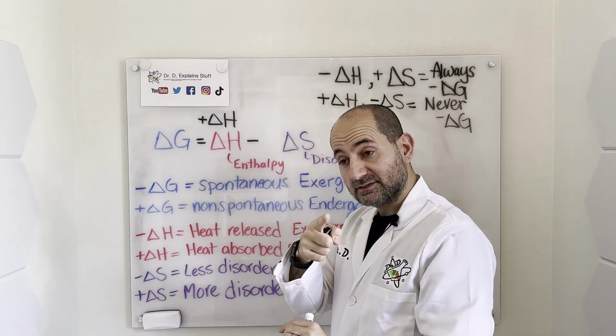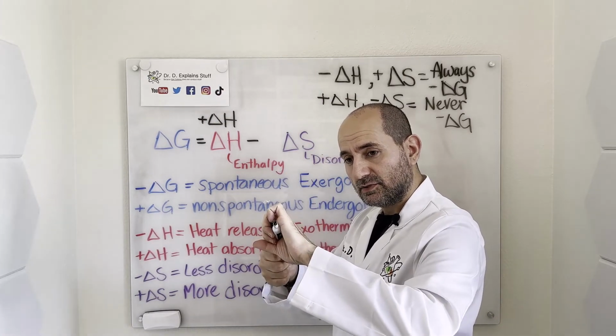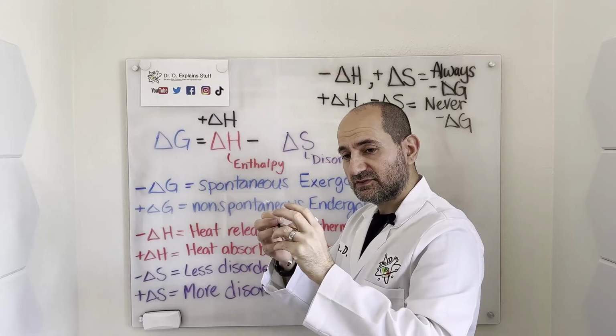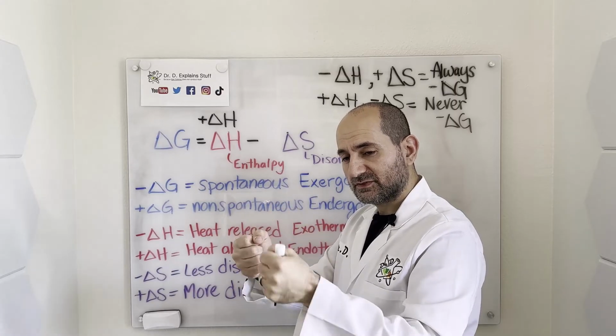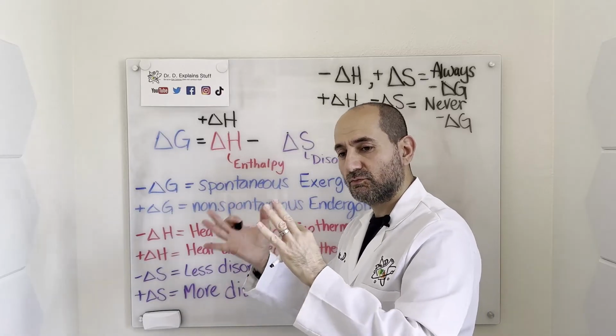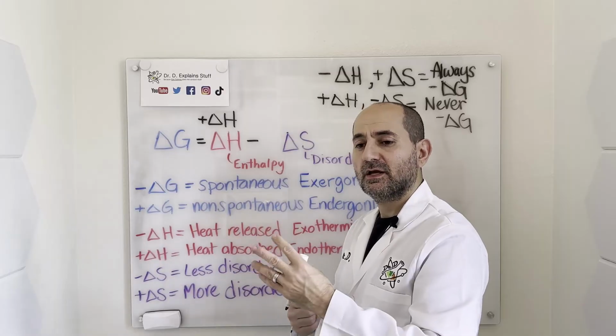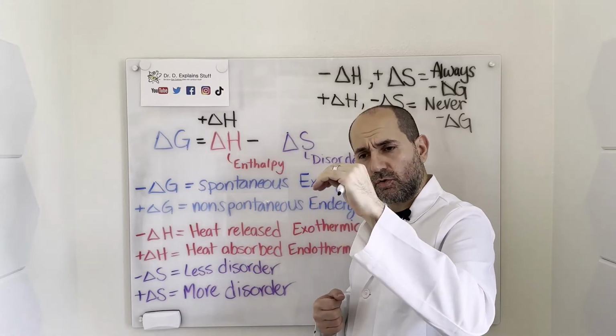But I noticed that when I added the two, one was a solid, one was a liquid, and then everything became liquid. So one of the solids went into a liquid aqueous environment. Is that more disorder or less disorder?